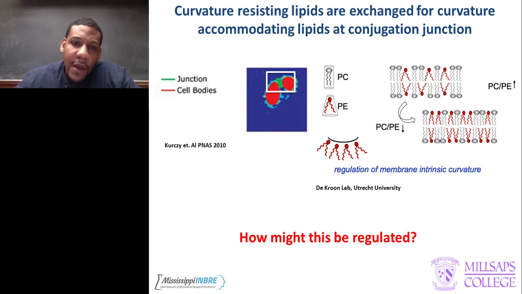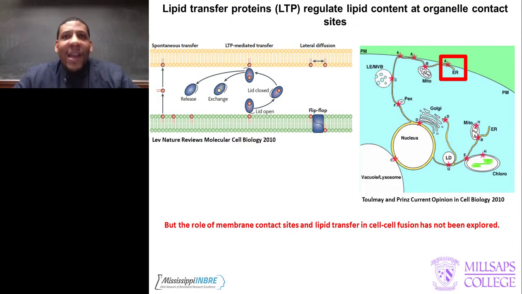One of the ways the lipid content at these conjugation junctions might be regulated is through the activity of lipid transfer proteins that act at the interface between two membranes. What you're seeing here is an image of a lipid transfer protein in blue that's swapping out a lipid from the green membrane and adding it to the yellow membrane.